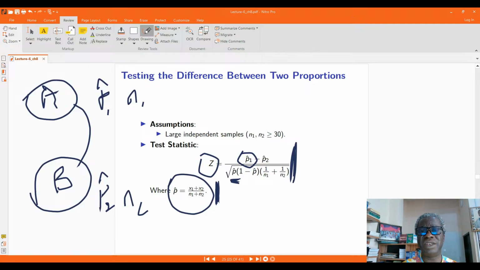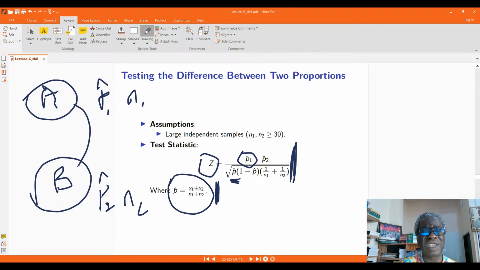So X1 is the number of successes in sample 1. And then X2 is the number of successes in sample 2. N1 is the sample size drawn from sample 1.